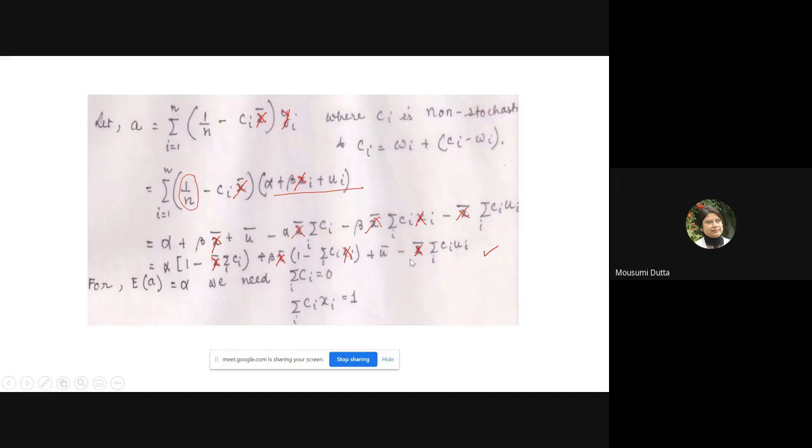So when we take expectation, these two terms will not be there as expectation of ui is equal to 0. So if I consider A to be an unbiased estimator of alpha, we need that summation Ci is equal to 0 and summation Ci xi is equal to 1. So these are the two constraints appearing from the precondition that A is an unbiased estimator of alpha. From this precondition, we are generating these two constraints.